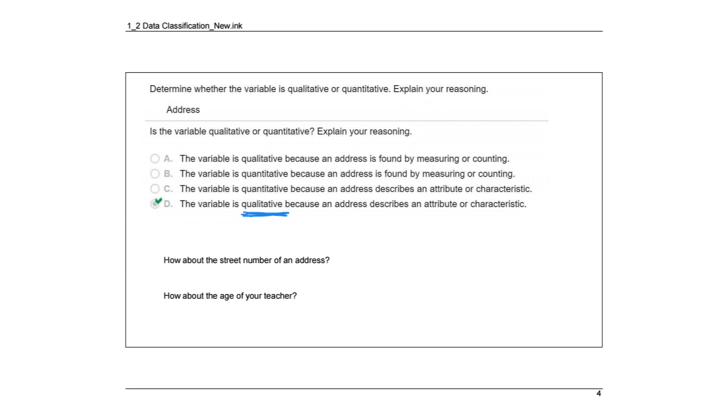So for the homework, for the address, they want it to be qualitative. Same thing for the street number. If they only give you the street number, it's still qualitative. Okay, but if they ask you the age of your teacher, oh my goodness, don't do that. But if we're looking at ages, that's going to be quantitative.